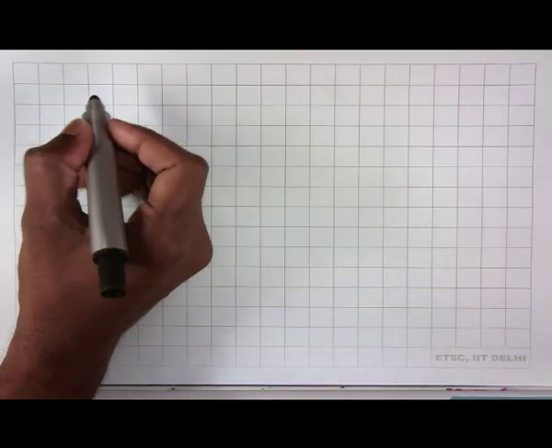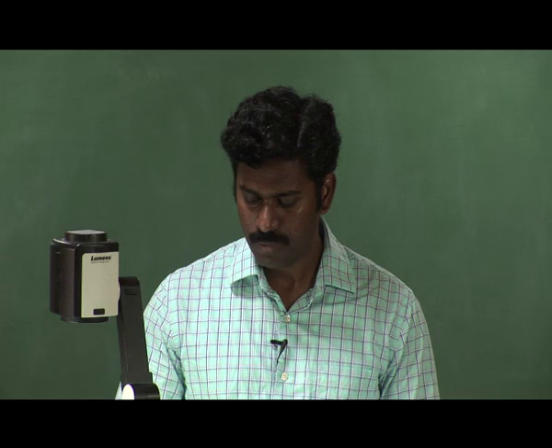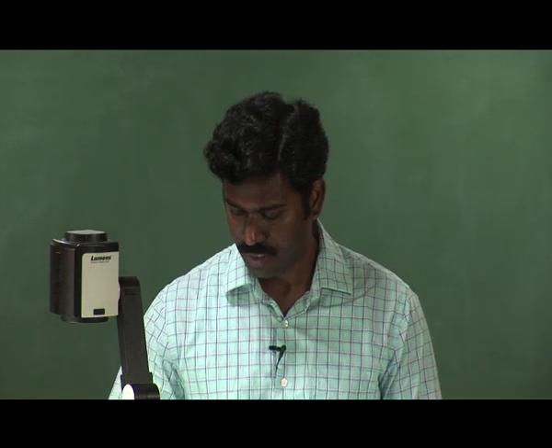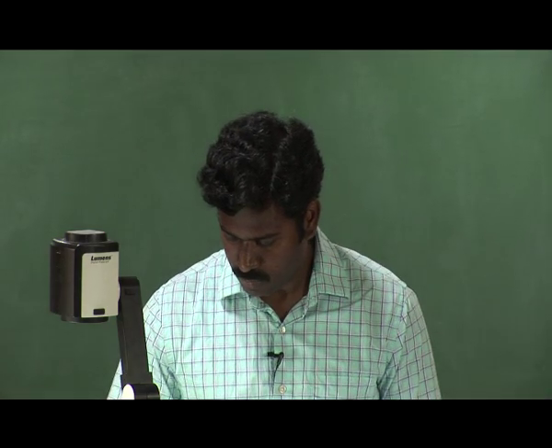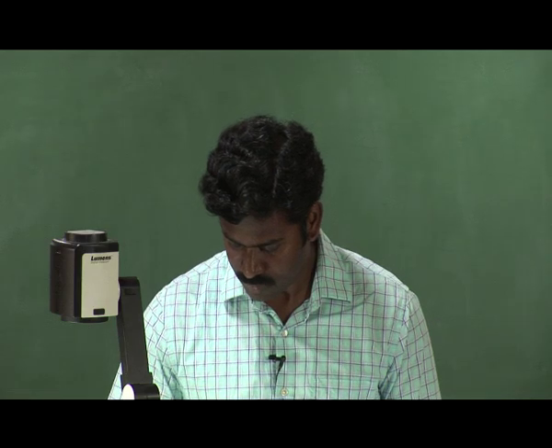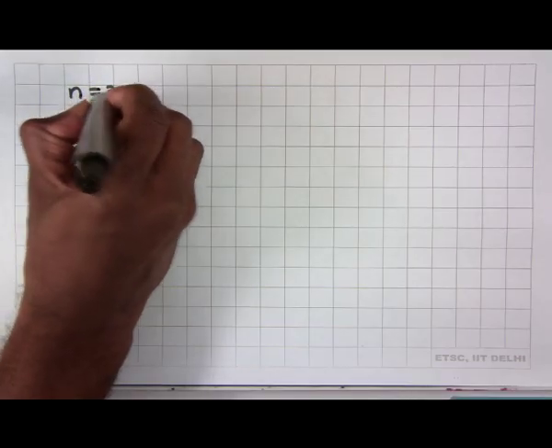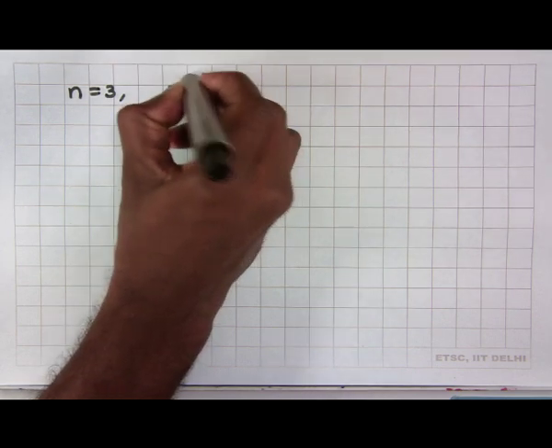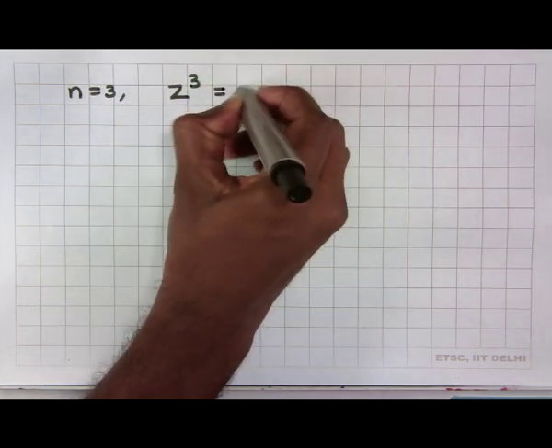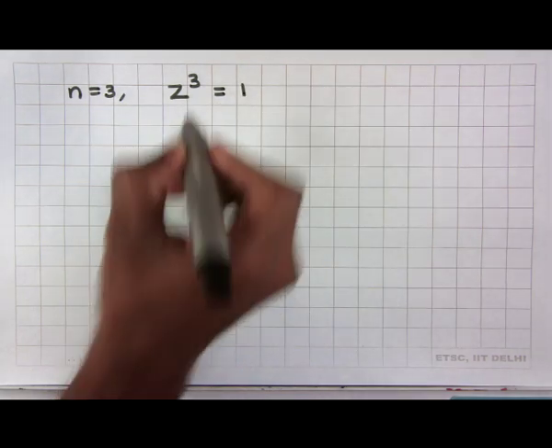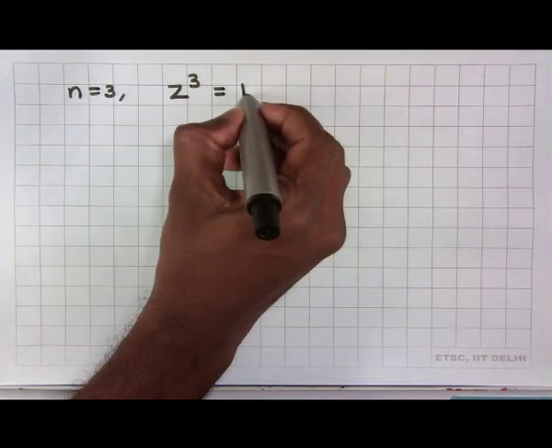Now, we will discuss the nth root of unity with a particular case n equal to 3, which is called the cube root of unity. So, we consider n as 3 and we are asking what are all the complex numbers whose third power is 1.